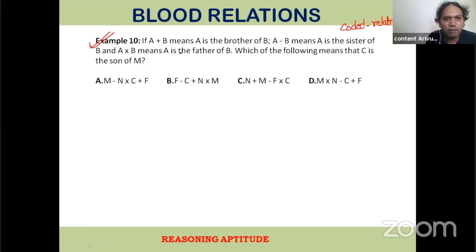For example, A plus B means A is brother of B. So in this question, plus means brother of. A dash B means A is sister of B. So in this question, dash or the minus symbol means sister of.